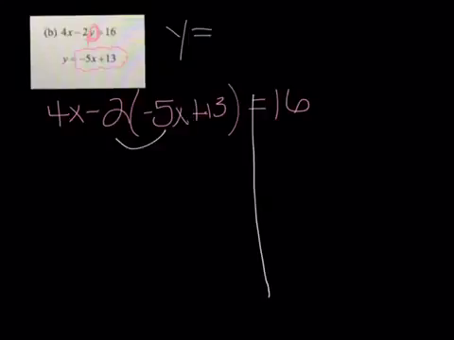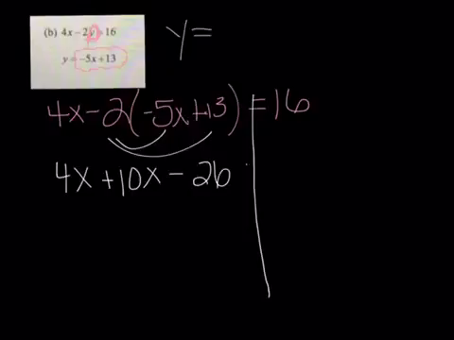So I distribute negative 2. I get 4x plus negative 2 times negative 5x is 10x. Negative 2 times 13 is minus 26 equals 16.